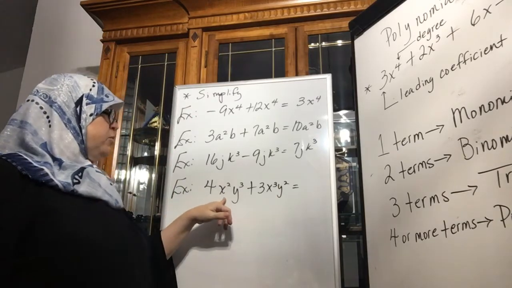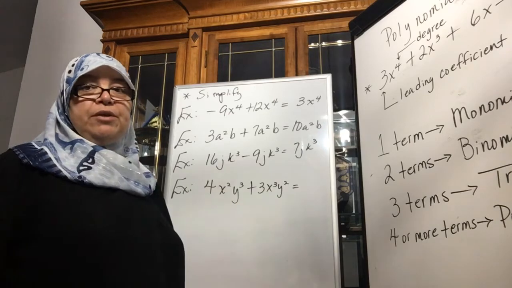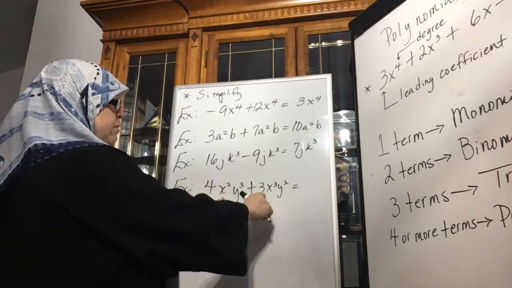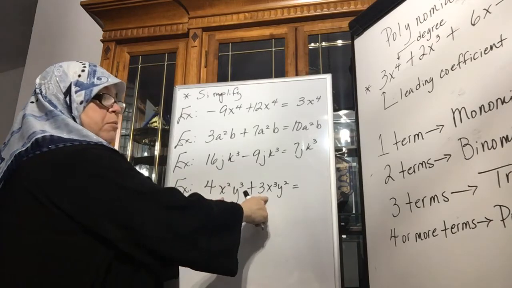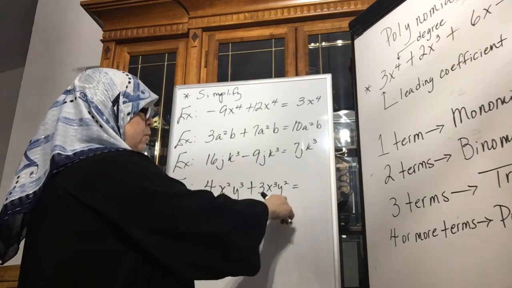So I have 4x squared y cubed plus 3x cubed y squared. And like I said, check the variables, guys. I have x squared, x cubed. Automatically, I can tell you already we cannot combine. And even the y cubed, y squared.